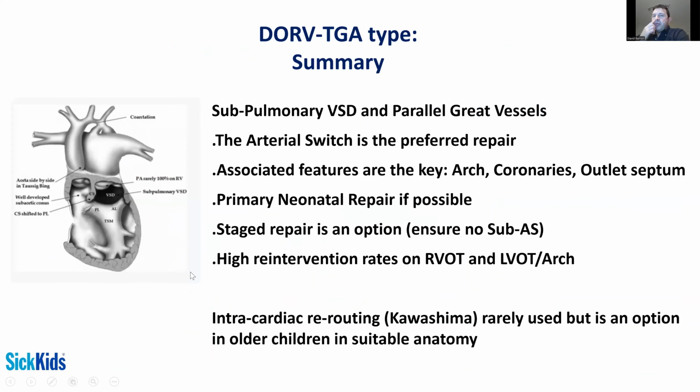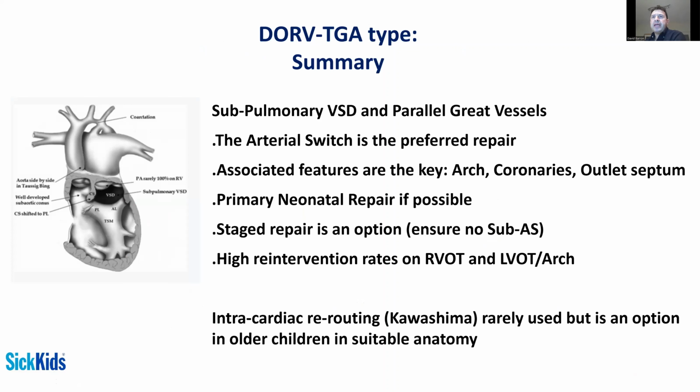So just to summarize all of that, this is where I'll stop. But particularly thinking about the Taussig-Bing anatomy, the definition, remember, really is a subpulmonary VSD with double outlet right ventricle. I think the arterial switch is the preferred approach. Remember the associated features.